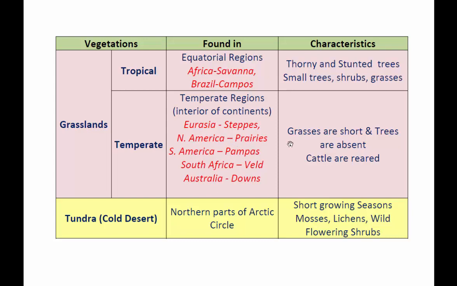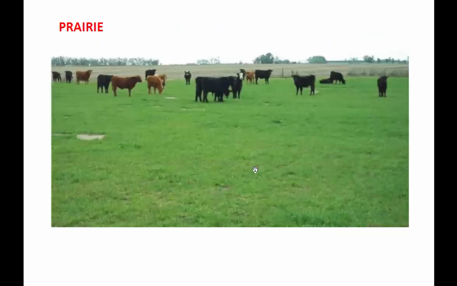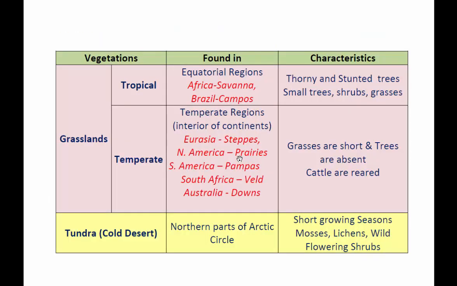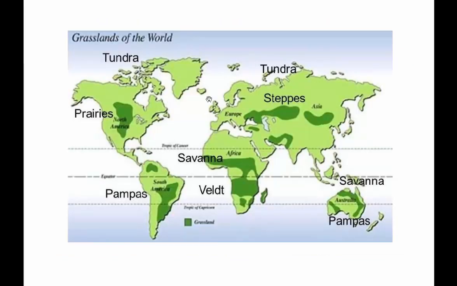In this region the grasses are very short, and the trees are absent most of the time, so it is very good for rearing cattle. If we look at this map, you can see some of the grasslands around the world, in North America, in South America, as well as in other parts of the world.